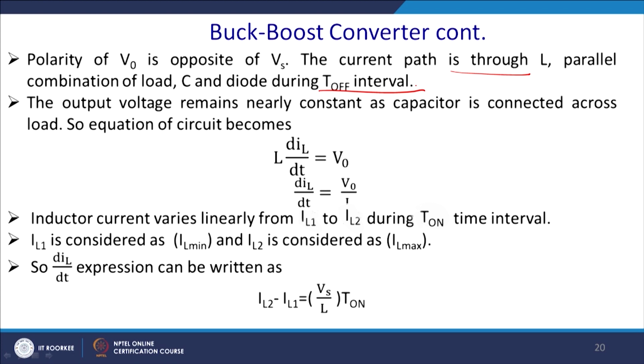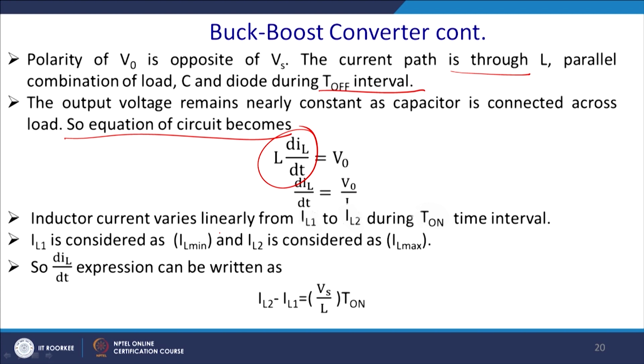The output voltage remains nearly constant as the capacitor connected across the load will hold the voltage, and so the equation becomes L dI/dt equal to V0 and thus dIL/dt equal to V0 by L.